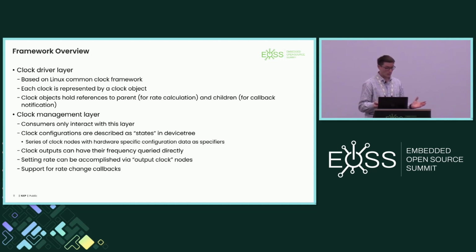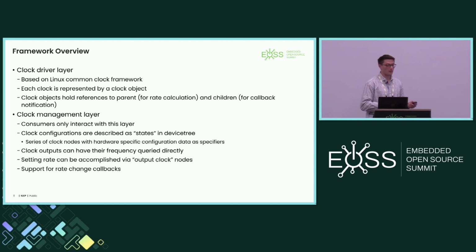Clock outputs, I think we should still allow them to have their frequency queried directly. That's not something that is nearly as much overhead to implement, and it is a relatively straightforward thing. Everyone needs to know their clock frequency in hertz. Beyond that, there's this concept of output clock nodes.